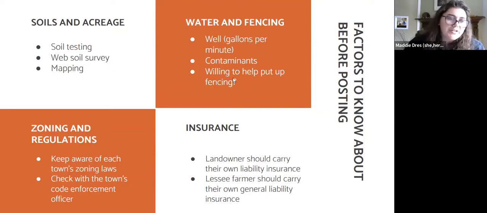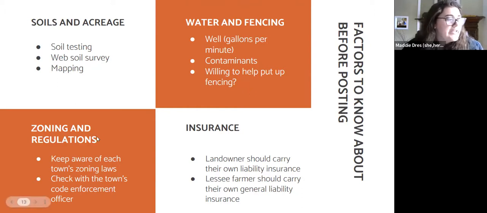A farmer that's transferring onto your property from another lease situation may have fencing. So just knowing what it is that you have to offer and what you're looking for the farmer to bring to the table is important. But new and beginning farmers that aren't coming from a previous lease may need help initially with fencing, and that's something that you can add into your leasing agreement.